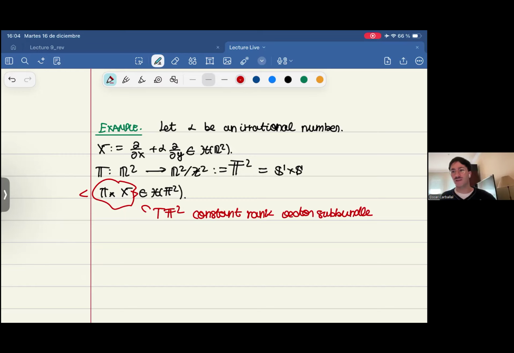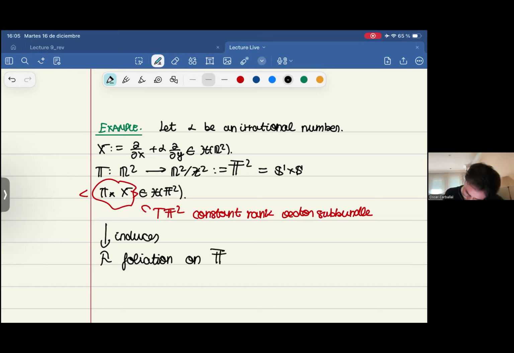This means precisely that it is an integrable Frobenius distribution in the usual sense, that is regular of constant rank, and therefore it induces a foliation on the torus, by the Frobenius theorem. This foliation is called the Kronecker foliation.